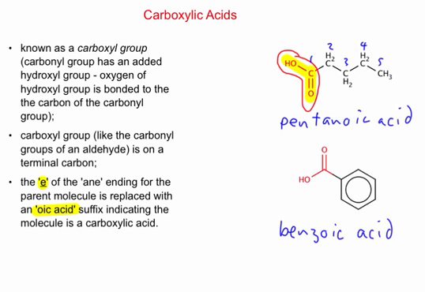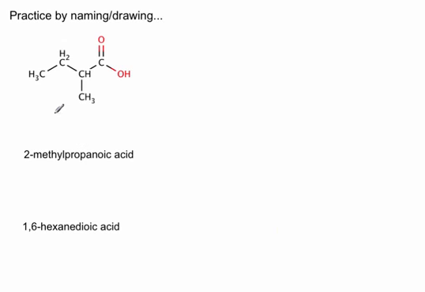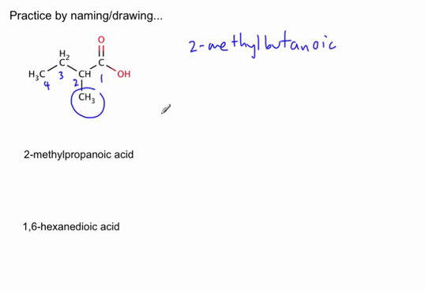Okay, so there's a couple of carboxylic acids. Let's have a look at a couple more. Here's my functional group, so I'm going to start numbering 1, 2, 3, 4. But I do have this methyl branch here, so that becomes 2-methyl butanoic acid. Okay, 2-methyl propanoic acid.